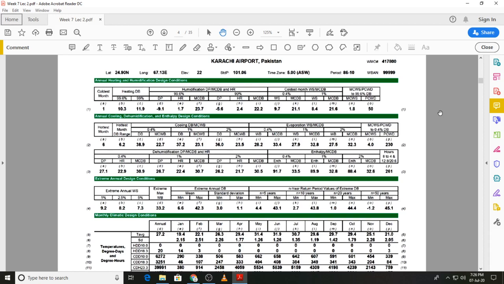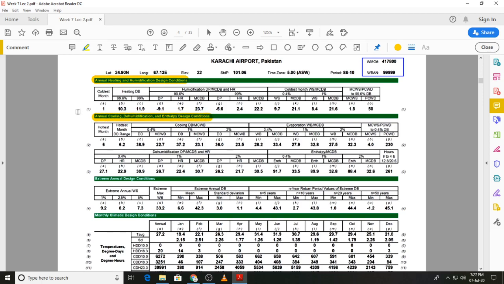And there is an identification number for the weather station, so these are identification numbers over here. And then for a person interested in air conditioning, you have the annual heating and humidification conditions, and the annual cooling and humidification and enthalpy design conditions.